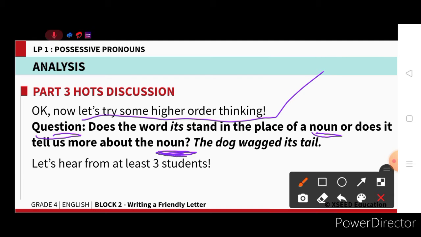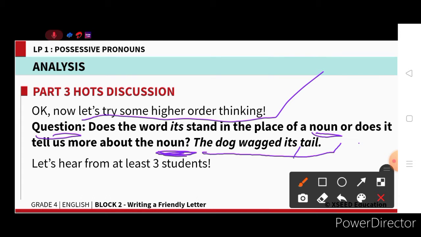Just now I was telling you that if there is an apostrophe, then it is an adjective, and if it doesn't have one, it is a pronoun. For example, the dog wagged its tail.